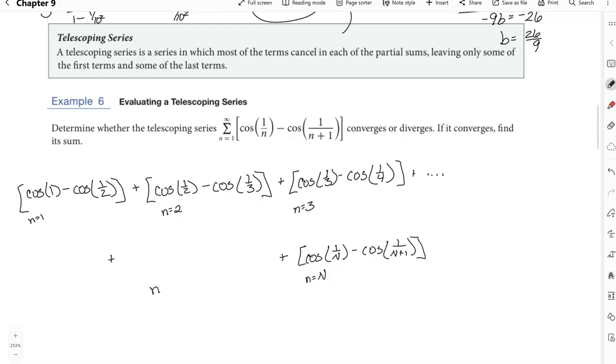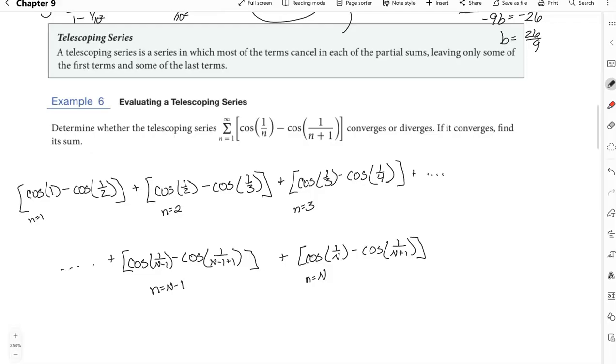And then let's go back one and see if we see a pattern here. If I plug in n minus 1, this would be cosine of 1 over n minus 1 minus cosine of 1 over n minus 1 plus 1, plugging n minus 1 in there for that n.